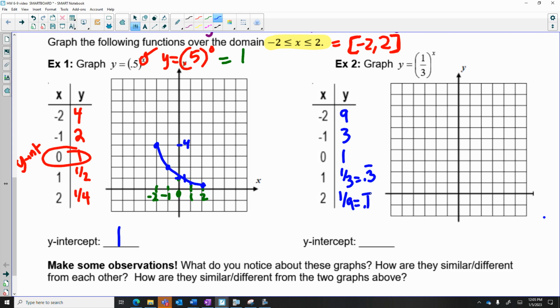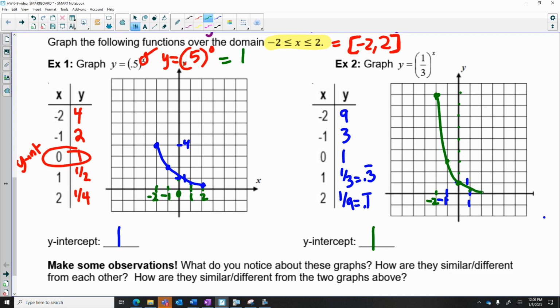Okay, so again, we want to establish a scale. Let's quickly graph this one. (-2, 9), (-1, 3), (0, 1). Oh, same y-intercept. (1, 1/3), and (2, 1/9). Here it is.